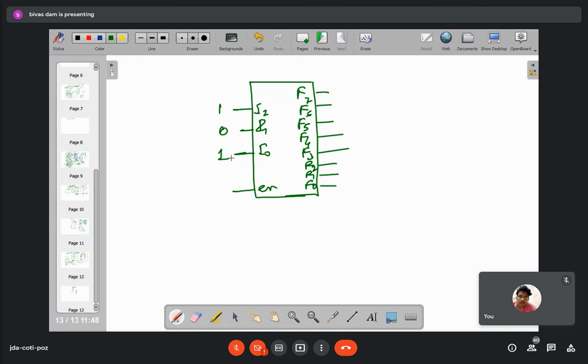What can I say directly about some of these outputs? F5 will be 1, the rest will be 0. I have not mentioned here, this is 1. Have I mentioned enable 1? Oh, no, sir.